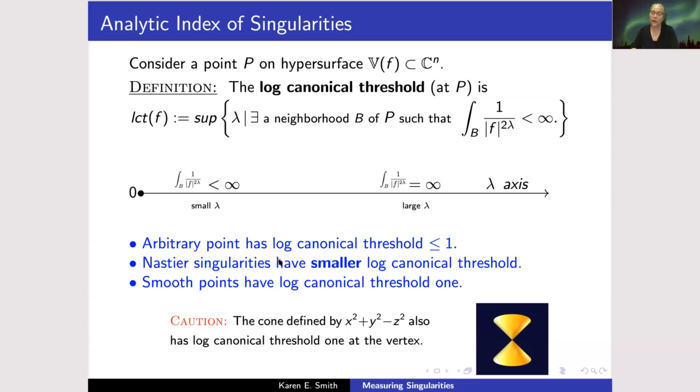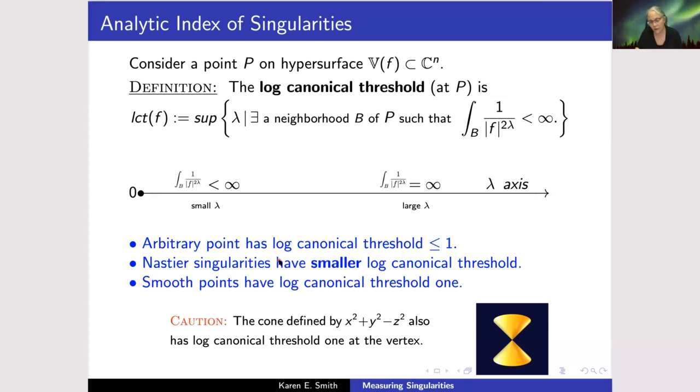And in general, if I have a nastier singularity, higher order is going to have a smaller log canonical threshold. And the more complicated and nasty it is, the more we expect to have to dampen down that function in order to make the integral converge, to get a finite volume under its graph.